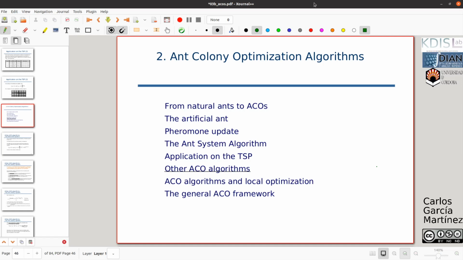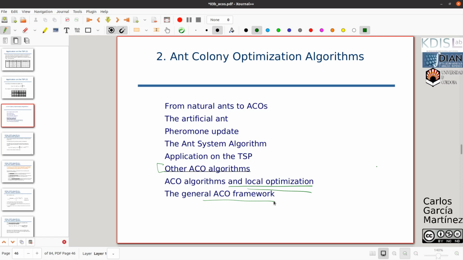In particular, the aspects we are going to speak about are other algorithms of ant colony optimization, how they should be combined with local search methods, and how they can be applied to other problems, because you can recall that we have described the ant colony optimization algorithms when they are applied to the traveling salesman problem, but they can for sure be applied to other combinatorial problems.